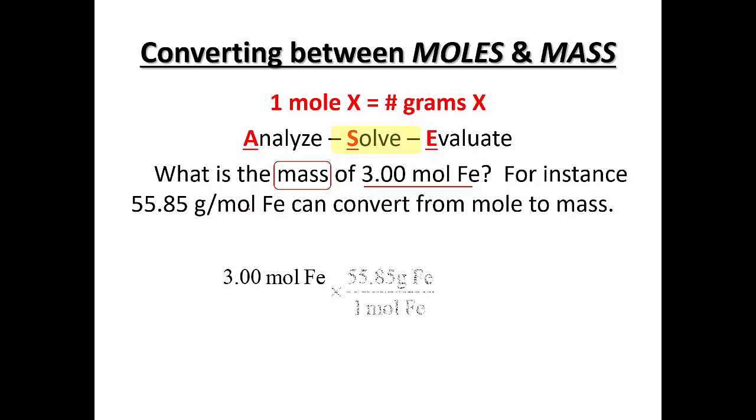To go from moles to mass, we need to use the conversion using our periodic table. 1 mole of a substance is equal to 55.85 grams of a substance. From there, we can take moles to cancel moles, leaving us in grams. 3 times 55.85, making sure we keep with the 3 sig figs, gives us 168 grams of iron.